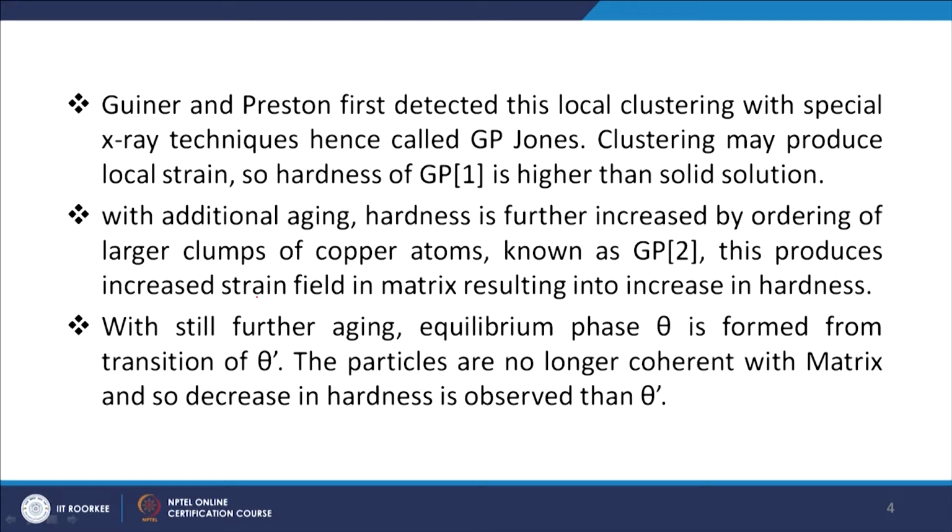So, you have the theta prime stage coming, and then if you do further aging, the equilibrium phase theta is formed from the transition of theta prime. That is the CuAl2 phase, and this is no longer coherent with the matrix, so a decrease in hardness is observed.